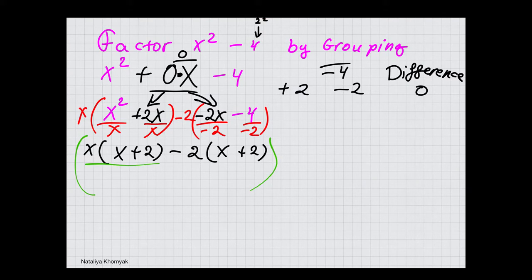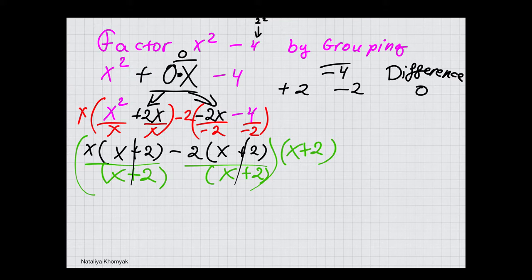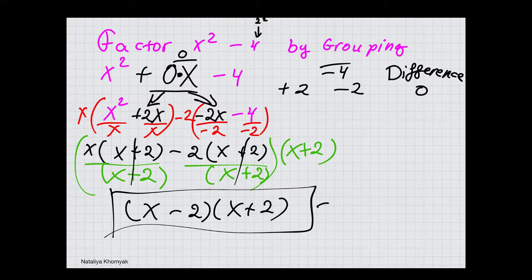And now we can factor out this parenthesis, x plus 2. This cancels. So x minus 2 times x plus 2 is our solution to factoring x squared minus 4.